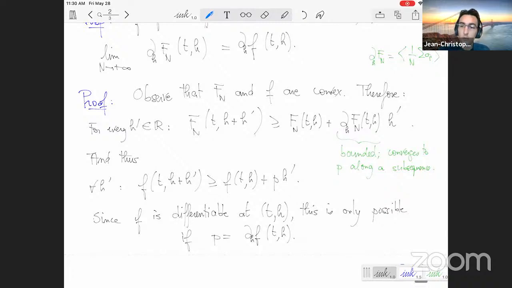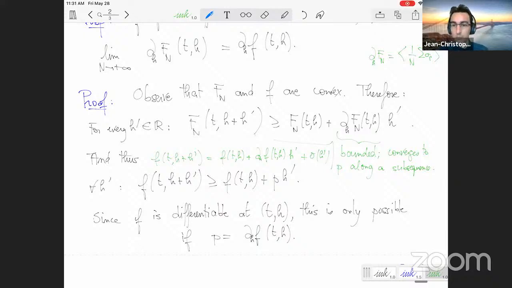Okay, I could write it a bit more step by step, maybe by saying that f of th plus h prime is equal to f of th plus the derivative times h prime plus little o of h prime, by using comparisons.